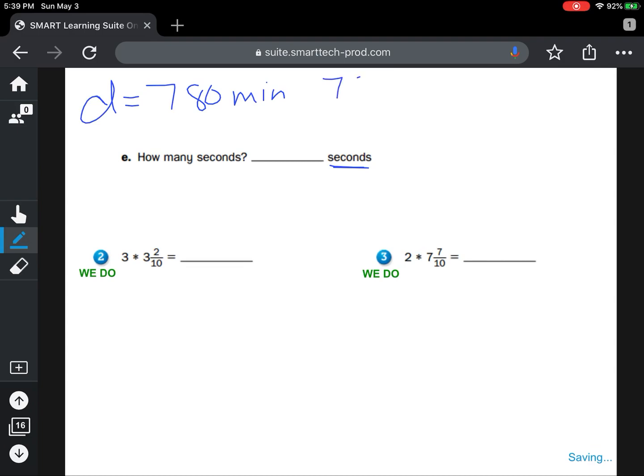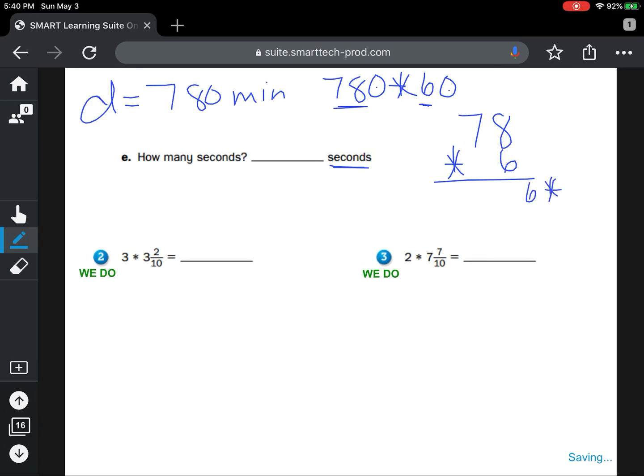So that means we need to take that 780 and multiply it times 60, because there are 60 seconds in every minute. Again, let's make this easy and just multiply the 78 times 6, then we can add on our 2 zeros there at the end. So I'm going to write this vertically, 78 times 6.